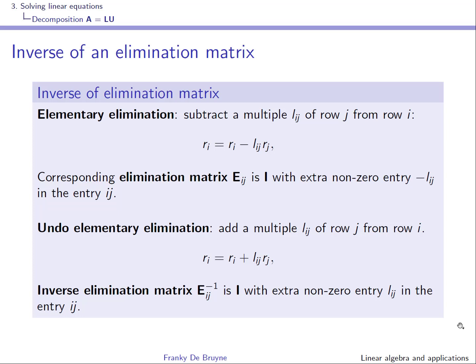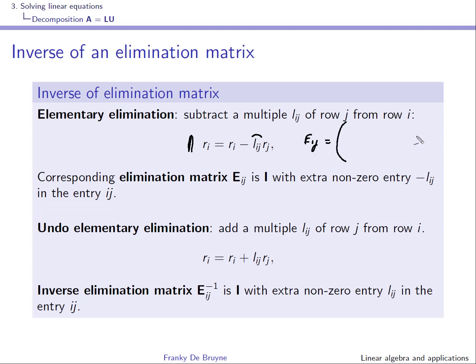Okay, so we have seen previously that when doing elimination, you would use operations like this one to produce zeros in the entry ij, right? And this here is the multiplier. And we've seen that you could do this by pre-multiplication of an elimination matrix Eij.